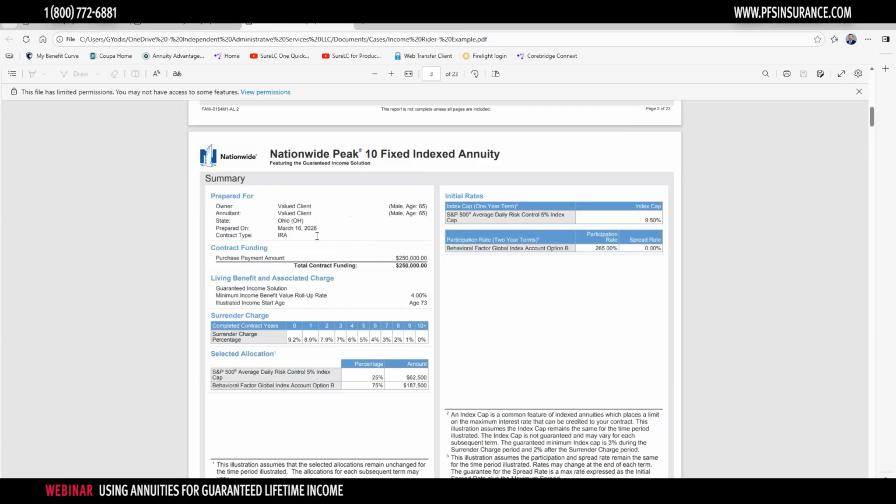So in this example, we're just using a male, 65 again, for an example. 250,000 they're putting in. This actually comes with, oh, this is not the one I wanted to show. Bear with me for just a second.